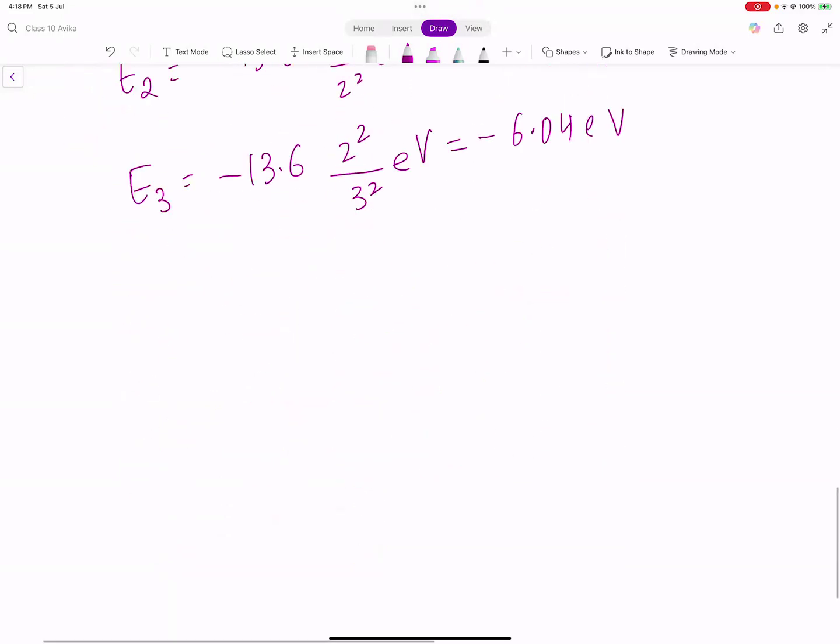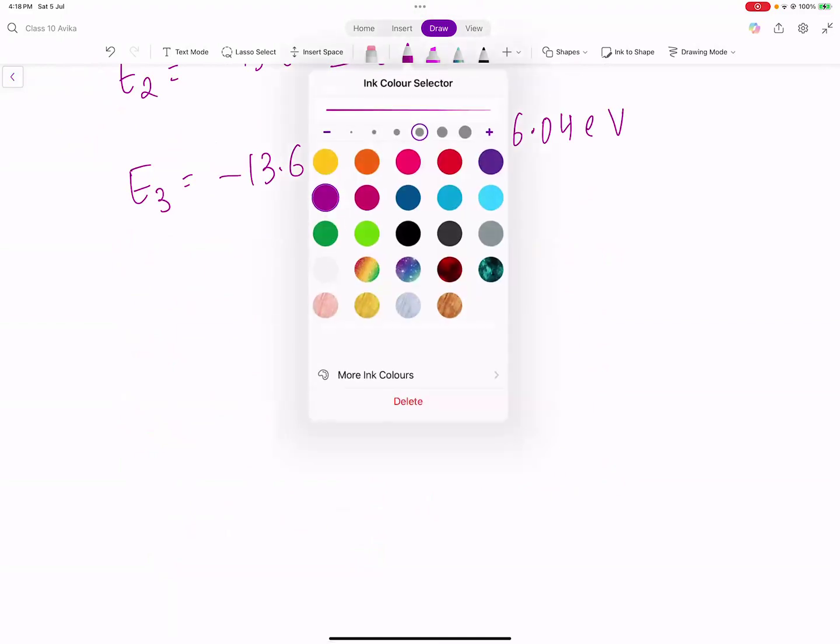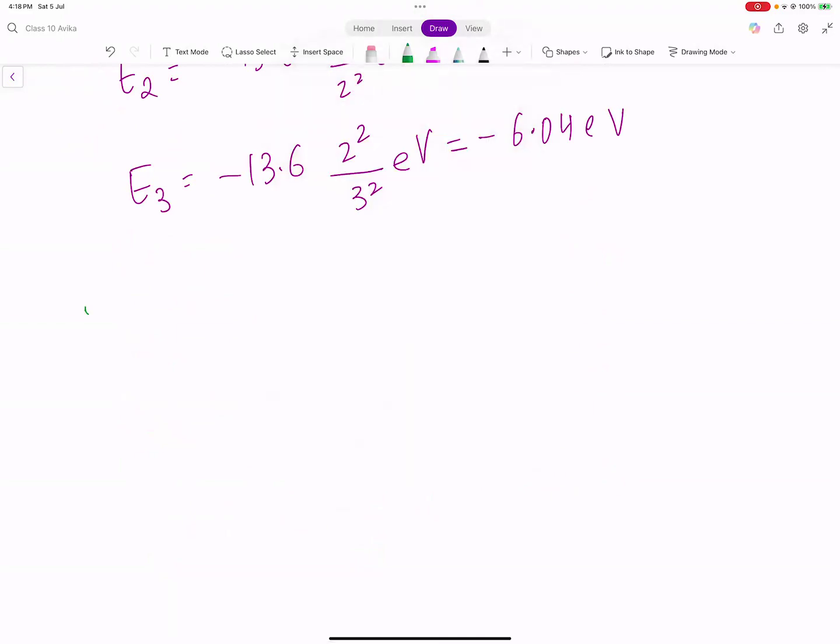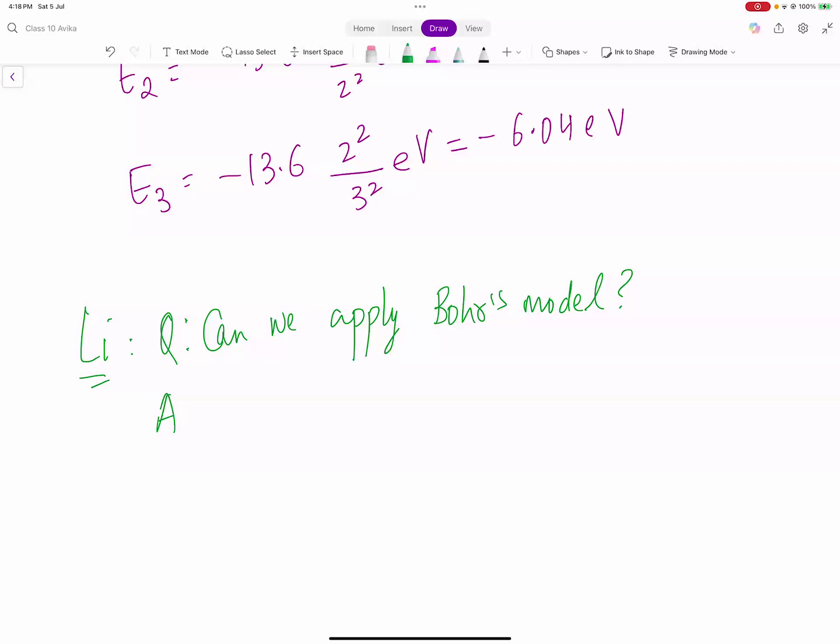So now let's move on finally to lithium. Can we apply Bohr's model for lithium? No, we can't, since lithium has 3 electrons.